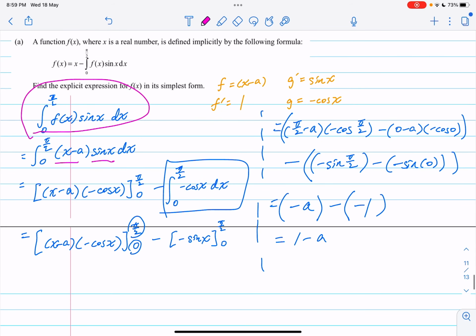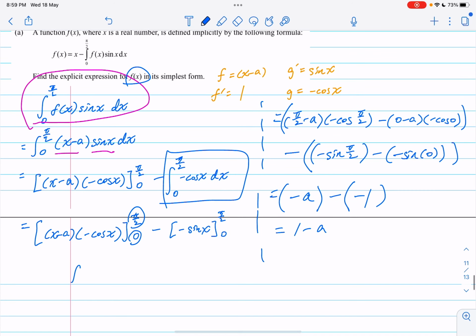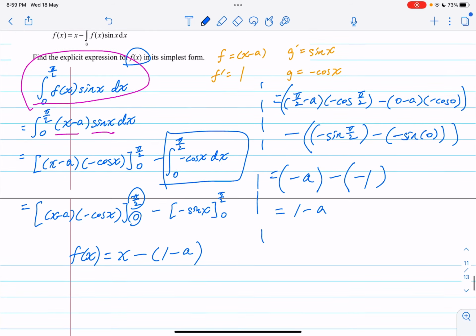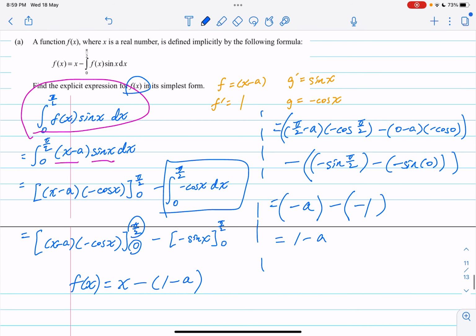So which means what? We're finding the explicit expression for f(x). So f(x) equals x minus, in the bracket, 1 minus a. And we also know that f(x) is x minus a, right?